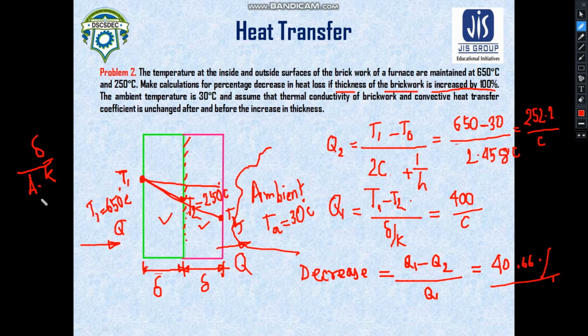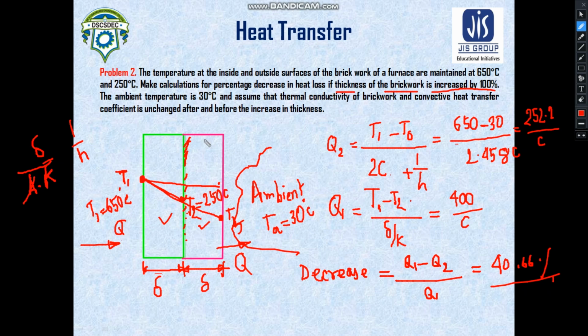Since we have assumed the area of this wall is unity, we have taken this A as 1 and the thermal resistance factor for the conduction became delta by K, and 1 by H was your thermal resistance because of the convection going on with the rightmost surface and the ambient.